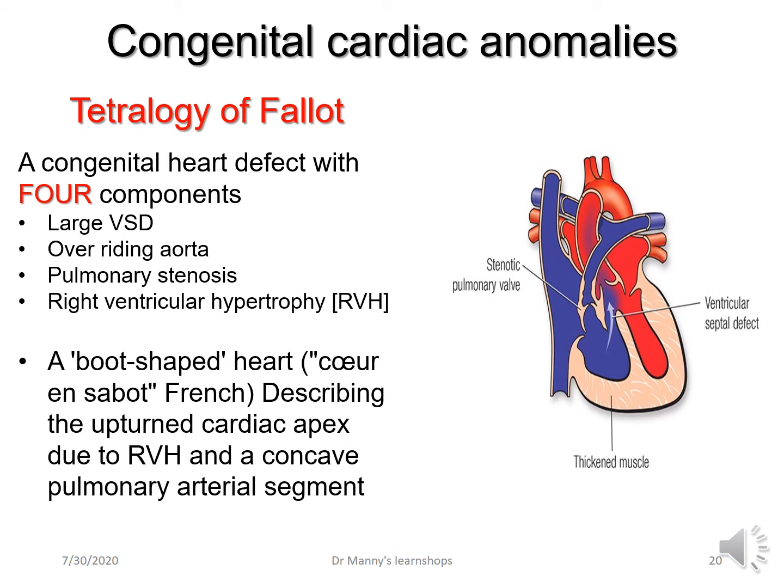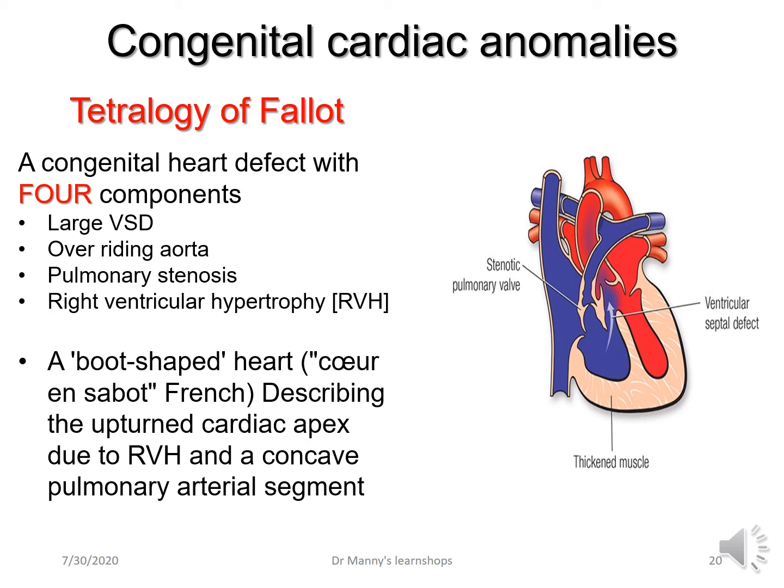Tetralogy of Fallot is another more common cardiac anomaly worldwide. It is a congenital heart defect with four components. They have a large ventricular septal defect, and as a consequence of the defect, the aorta isn't in the right position. It overrides the defect. There's a pulmonary stenosis, and as a consequence of the pulmonary stenosis, the right ventricle hypertrophies and enlarges.